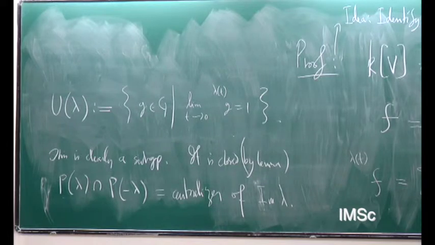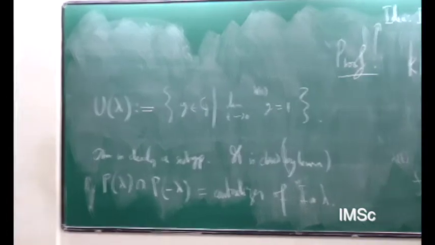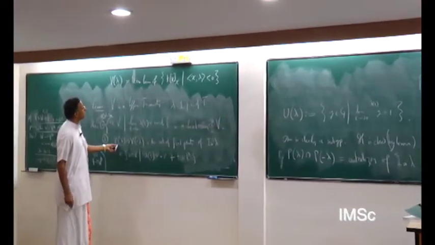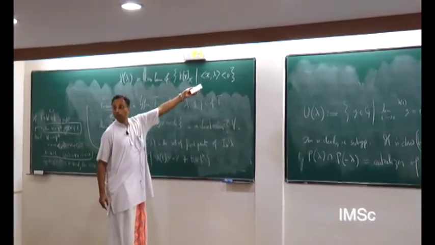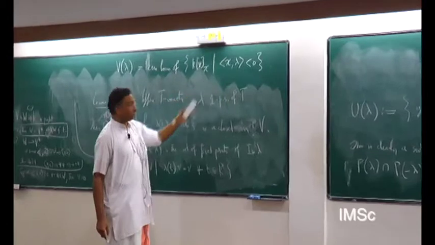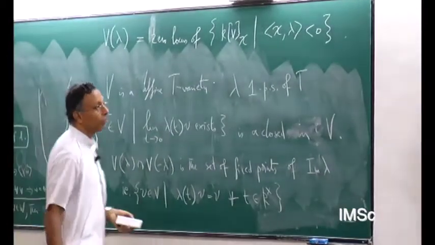Now why is the converse true? Suppose the limit as t goes to 0 exists and the limit as t goes to infinity exists, then this must be the case. Why? So let's prove 2.